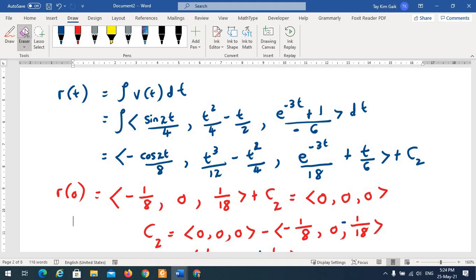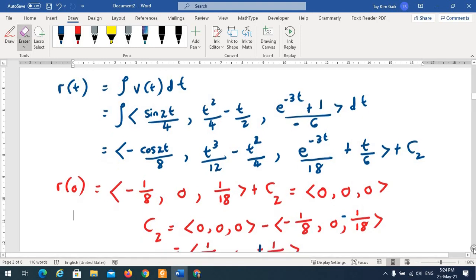When we plug in t equals 0, this term is 0, plus C2. The object rests at the origin when t is 0, so the position vector is 0i, 0j, 0k. With this, you can find C2.